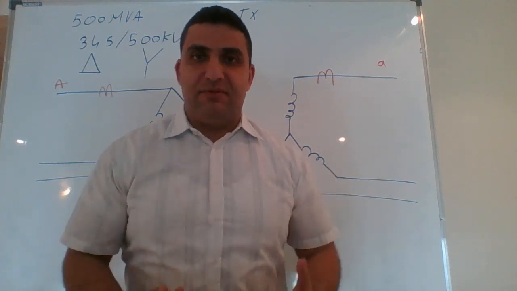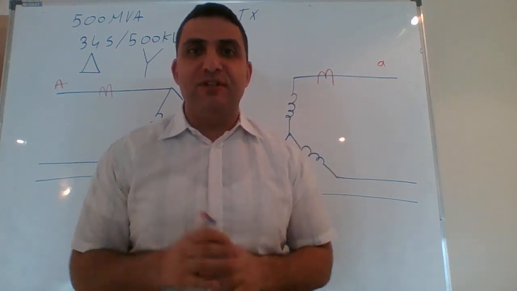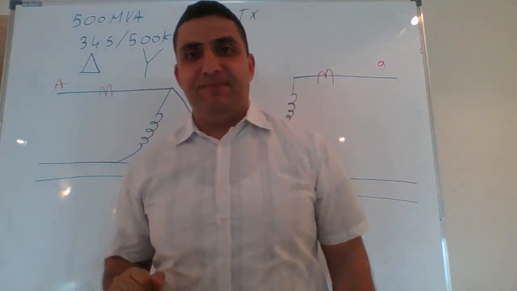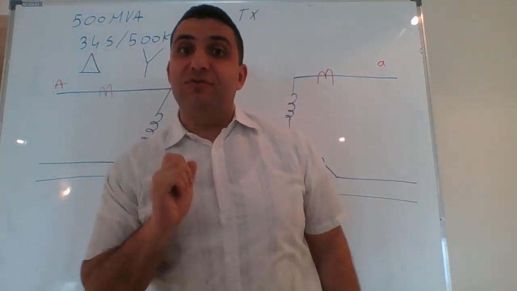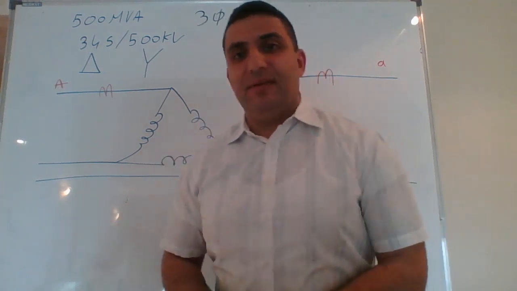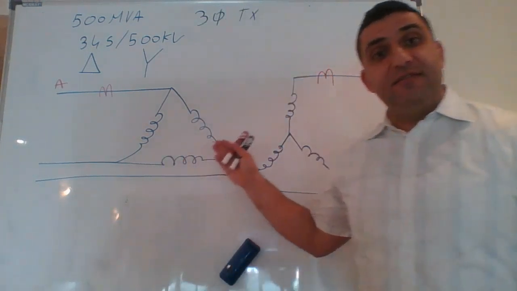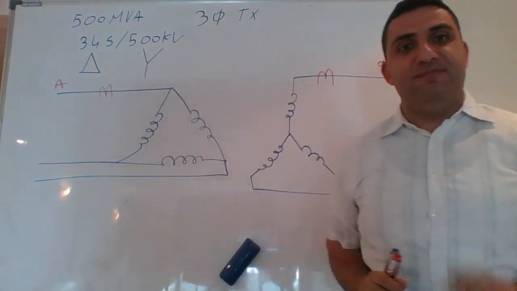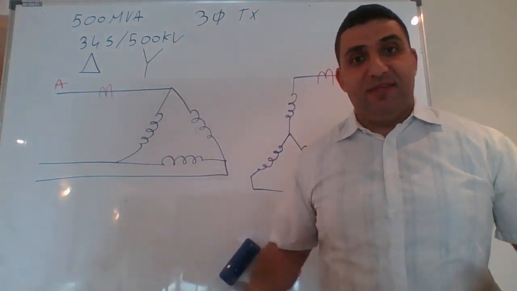It's the same concept: I have to make sure that the difference between the two currents is below my setting limit. One more thing I have to be careful about now. For a single phase transformer, I have one CT on the primary and one CT on the secondary, and there will be no phase shift.